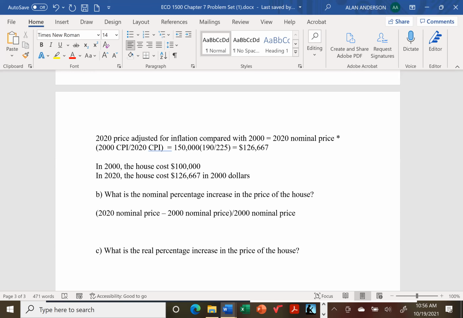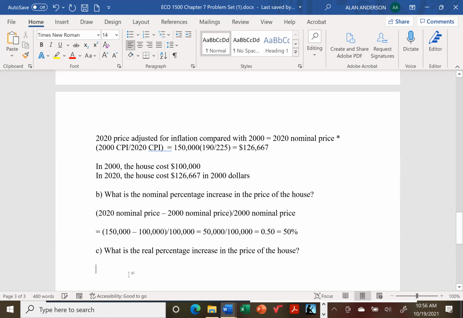So that means 150,000 minus 100,000 over 100,000 is 50,000 over 100,000, which is 0.50 or 50%. So yes, in terms of actual nominal dollars, it went up 50%.